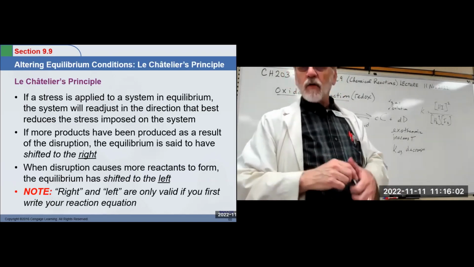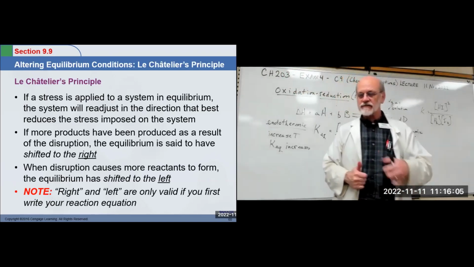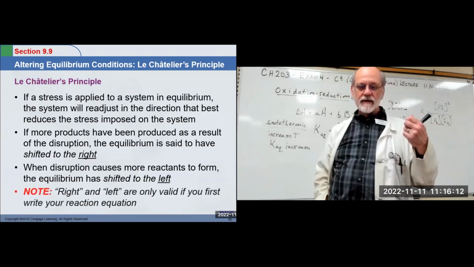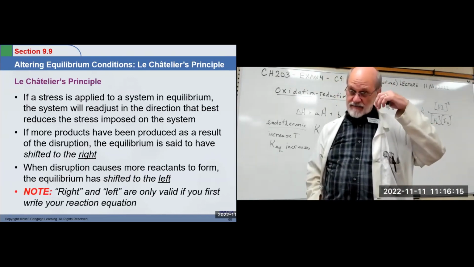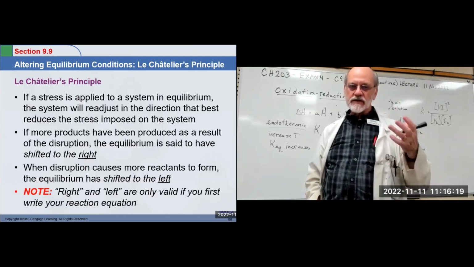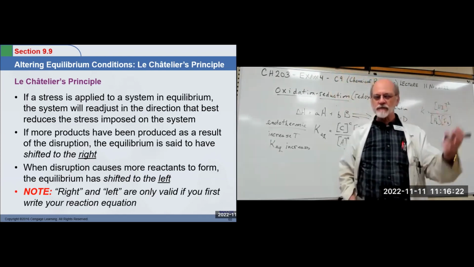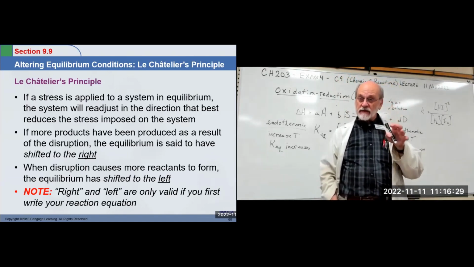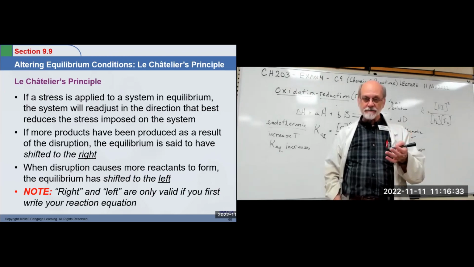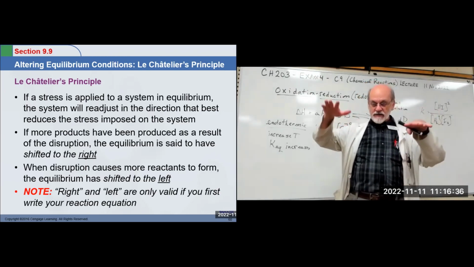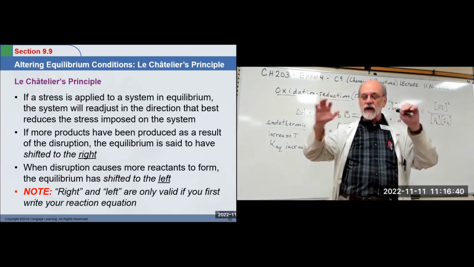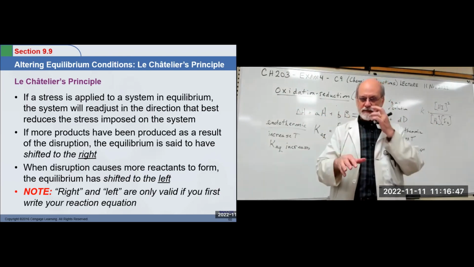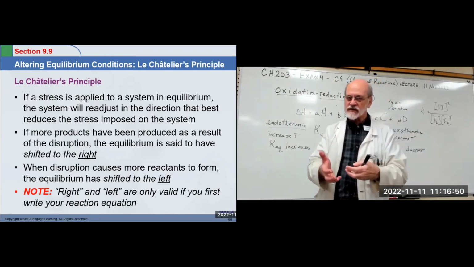Now, we've been dancing around Le Chatelier's principle for the past 6 or 7 or 8 slides. But this is a black and white statement of Le Chatelier's principle. Le Chatelier was a Frenchman, so this is the English version. If you have a chemical system at equilibrium, and it's stable, with stable concentrations of reactants and products, and you do anything that applies a stress to the system, the system will respond so as to mitigate the stress, reduce the effect of the stress.